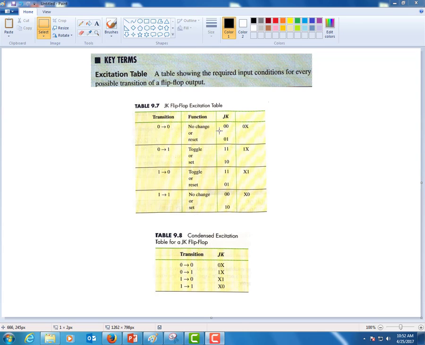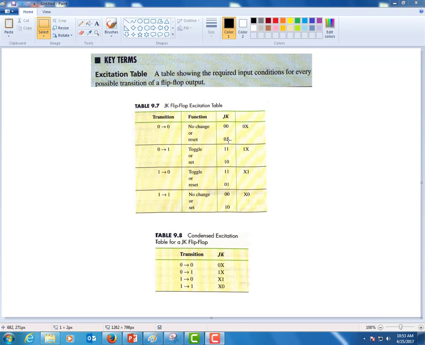So what this means is that the flip-flop is in the reset state, right? Because the Q is 0. Or since it started at 0 and ended at 0, it's also in the no change state, right? So no change, JK can be defined as 0, 0. Or if you're in the reset state, J and K would have been 0, 1.